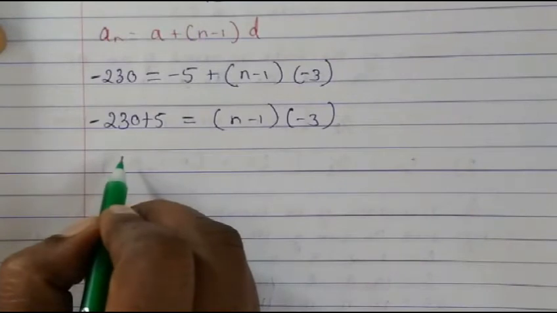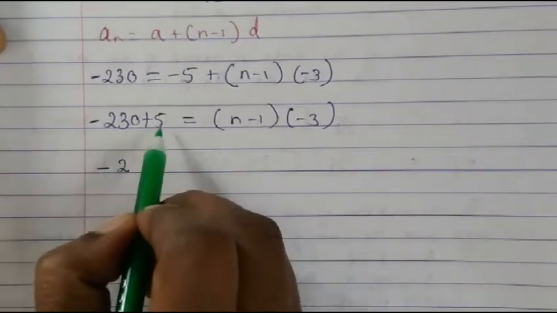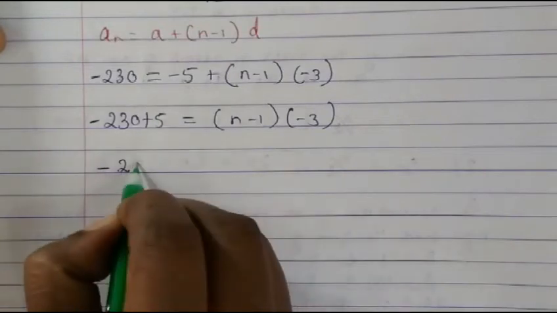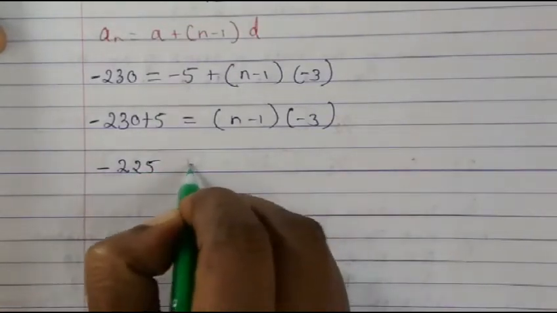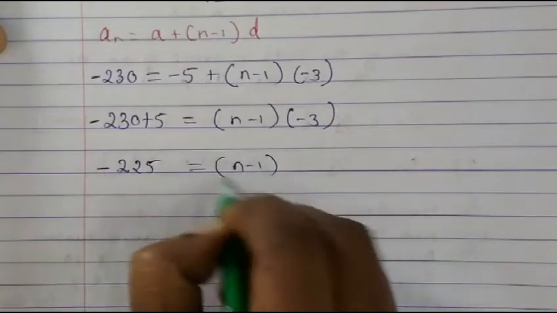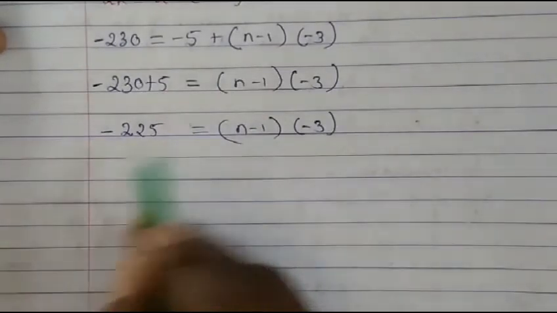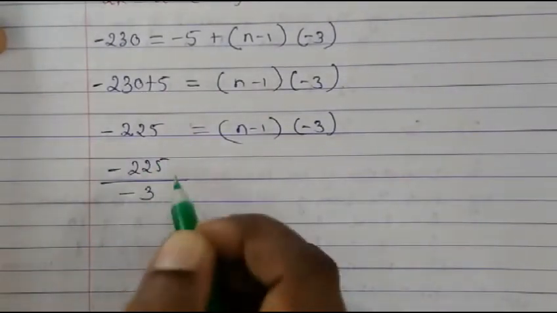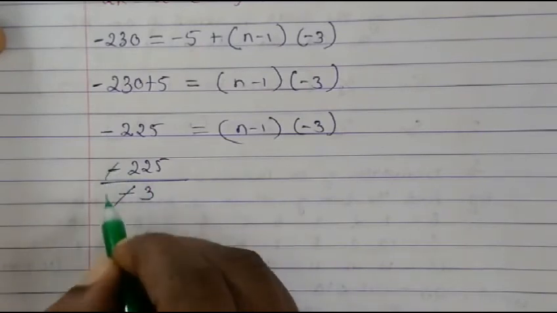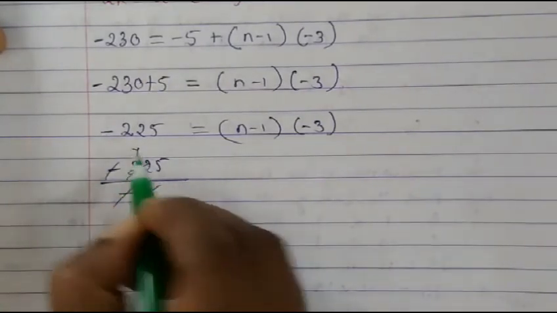So from minus 230, when you add 5, you will get minus 225. Here n minus 1 times minus 3. So let's bring this minus 3 to this side. It will become division. So minus minus gets cancelled.